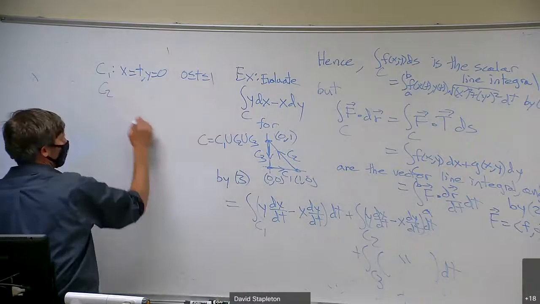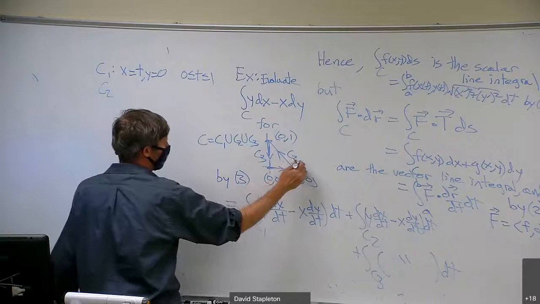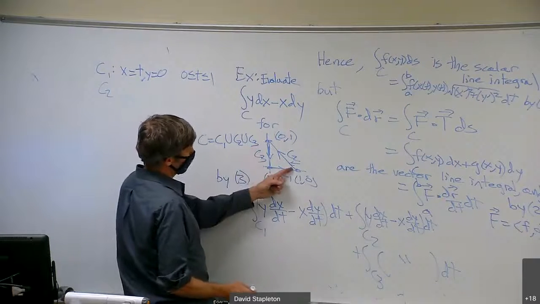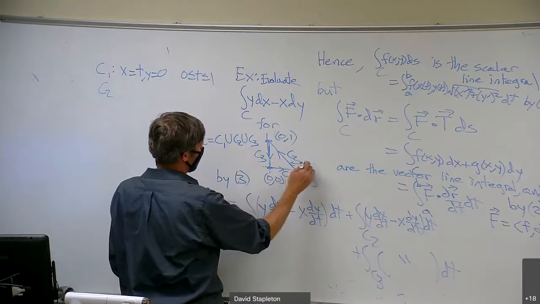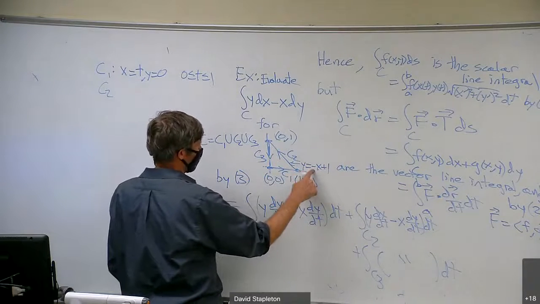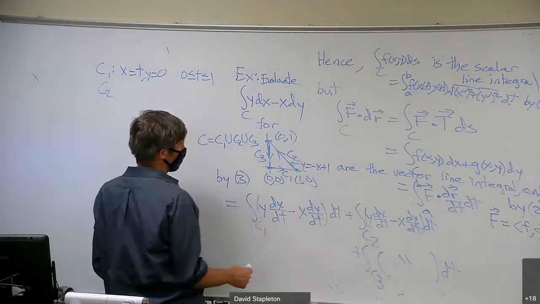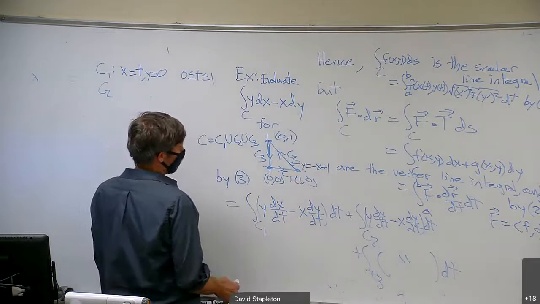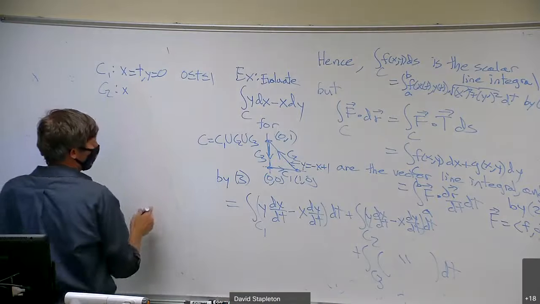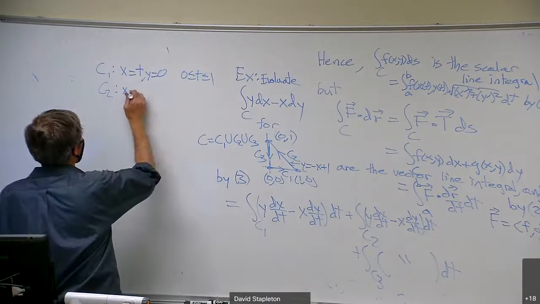Along C2, if I want to go up this one, now this is the line, what is it? My intercept 1 and slope minus 1. So it's y equals minus 1x plus 1, right? Mx plus b with slope m minus 1 and y intercept 1. That's that one. So I can make this one parametrically by letting x equal minus t, let's say.